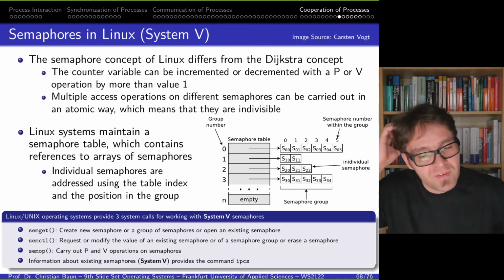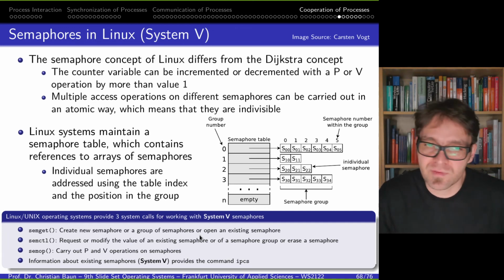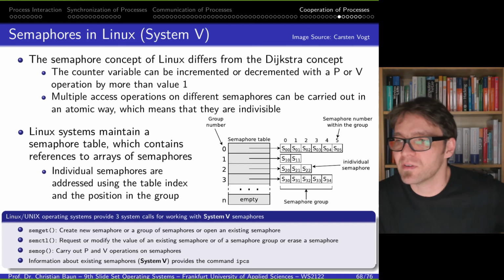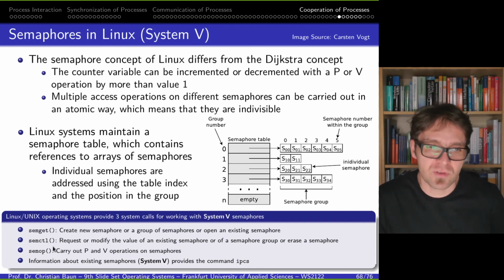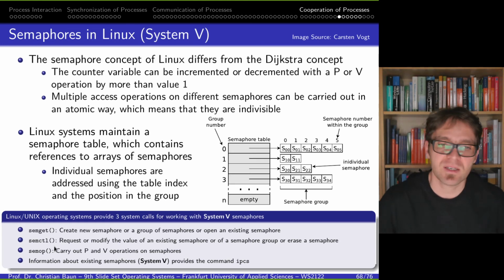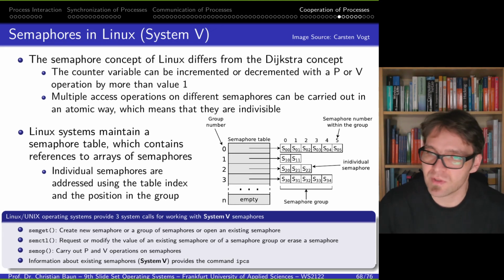So we have just 3 system calls or function calls of the same name if you want to do System 5 semaphore stuff. We have semget for the creation or opening of existing semaphores or groups of semaphores. We have semctl if you want to modify a semaphore or group of semaphores, or if you want to get rid of it, maybe erase it.